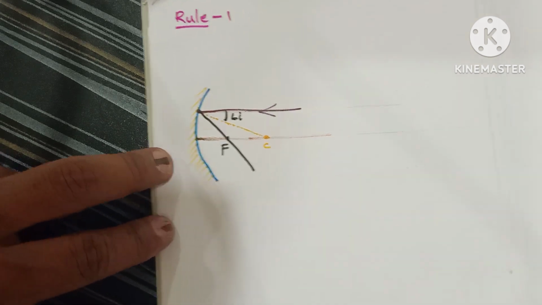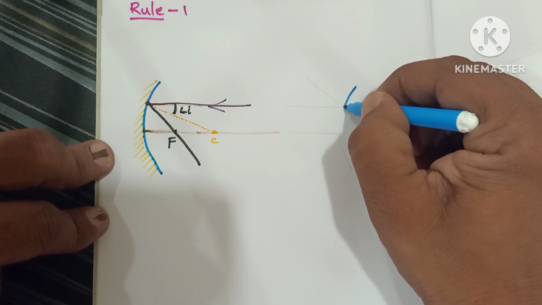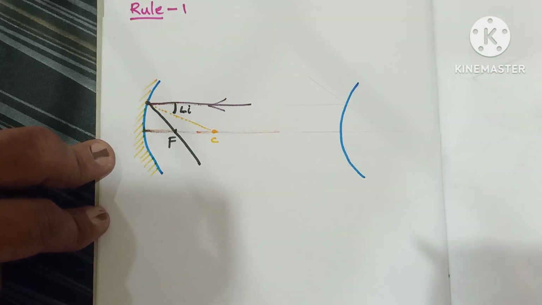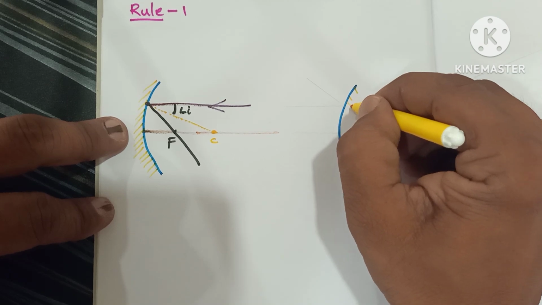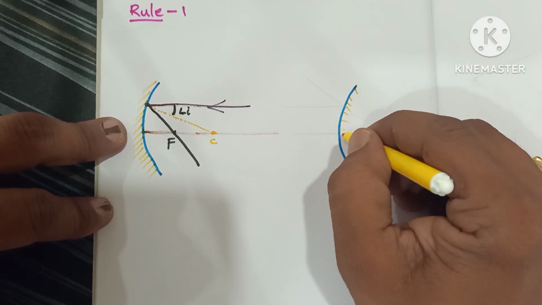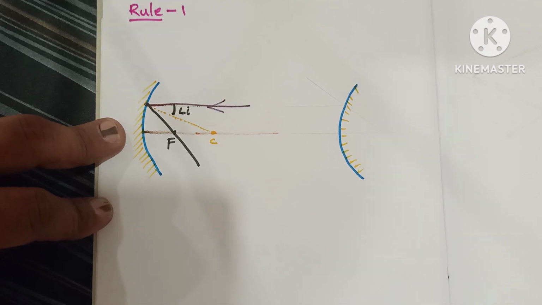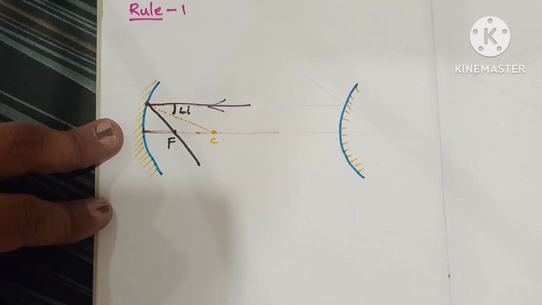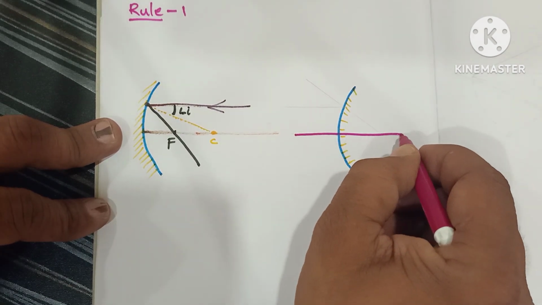Now if we take a convex mirror, for which the inner side is coated and the outer side is reflecting. Now this is the principal axis.